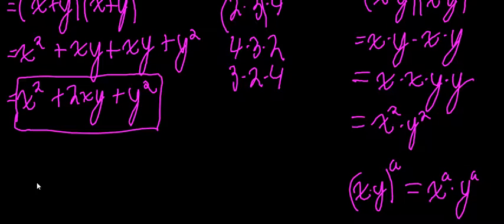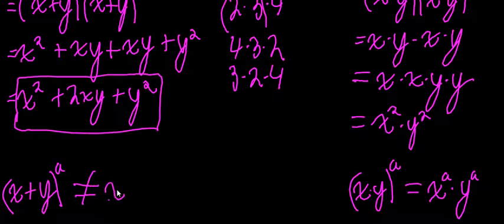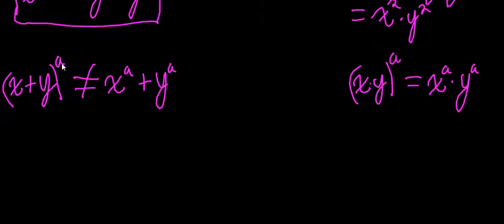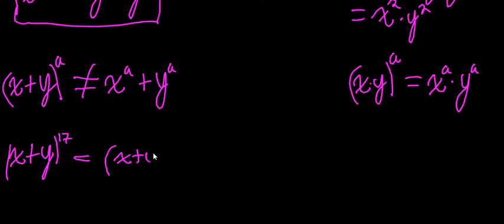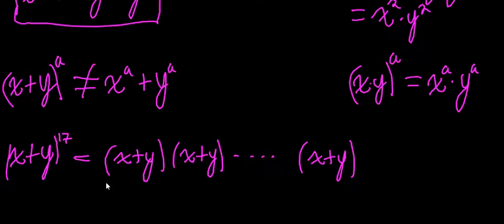But this is not necessarily true over here. If we did (x + y) to any exponent a, this is not necessarily equal to x^a + y^a. For instance, if I had an integer here, let's say this was 17, and I wanted to expand out (x + y)^17, this is equal to (x + y) times (x + y) times (x + y), 17 different times.